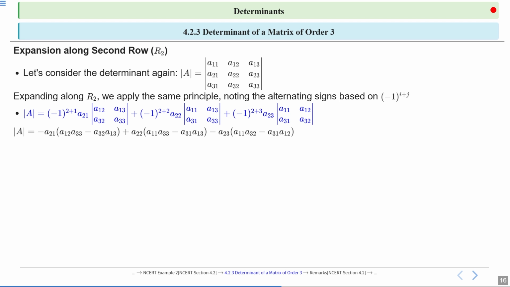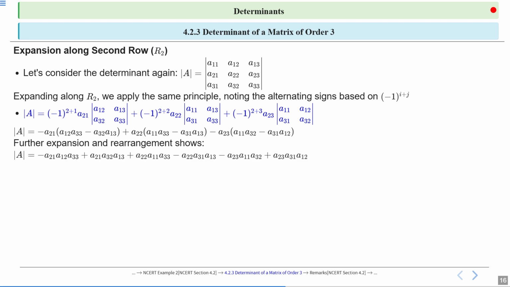Then minus 1 the power 2 plus 3, that is minus 1, into A23, then A11 into A32 minus A31 into A12. Further expansion and rearrangement, we see the determinant of A is this.